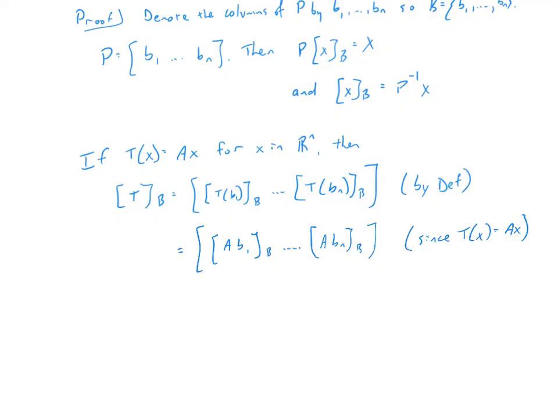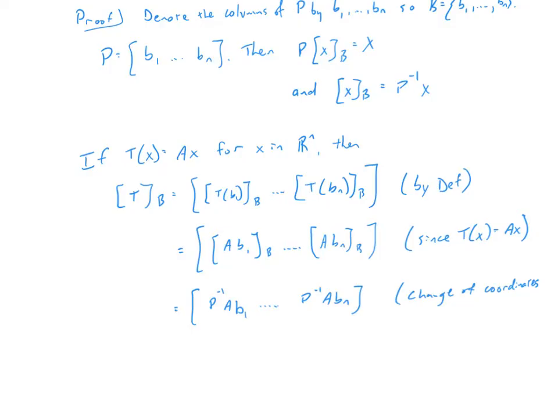All right, now we make a substitution. This gets good. Then P inverse times Ab1. Now we change our coordinates. P inverse times Ab1 through P inverse times Abn. Those are the entries of that matrix now, the columns of that matrix. And that's, we make a change. I'll show you where this came from. A change of coordinates.